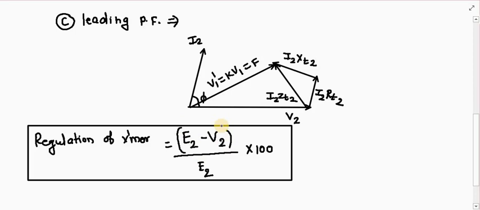In that case, what will happen? My regulation will become negative. My V1 dash is less than V2. Just, I forgot to write this as E2. So my E2 is less than V2 at the time of leading power factor. So my regulation will be negative.